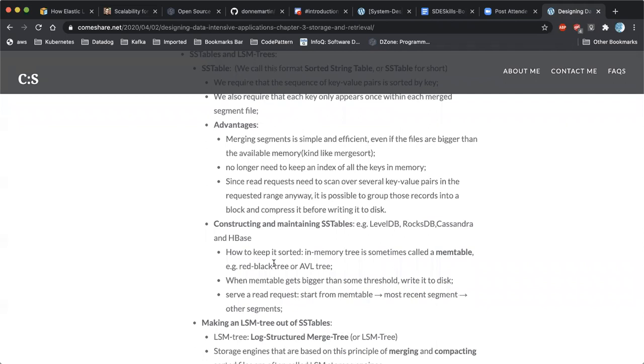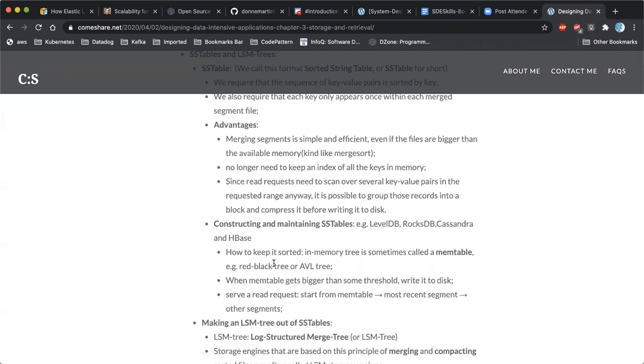In the future there's another chapter about how to map your in-memory structures to your disk structures, because they are totally different concepts, dealing with pointers and whatnot in memory.